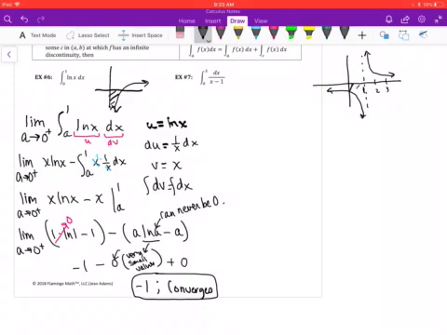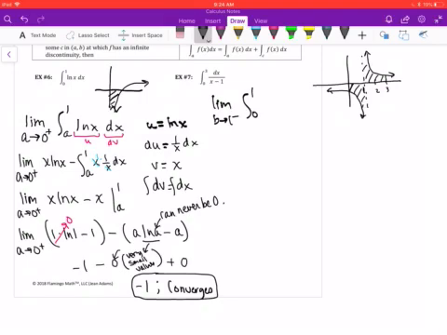And if I was going from 0 to 3, you could see that I've got 2 places where we're going to have a problem. Coming in from 0 to 1, I would be approaching 1 from the left, so I would have to take that and make that a limit, and that would be my b, approaching 1 from the left because I would be going from 0 to 1.